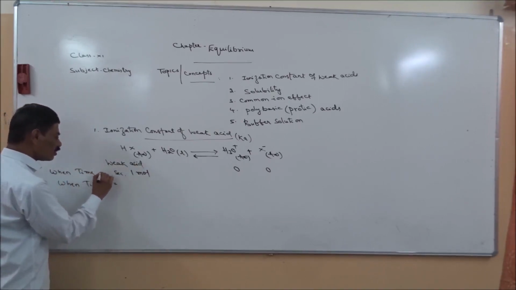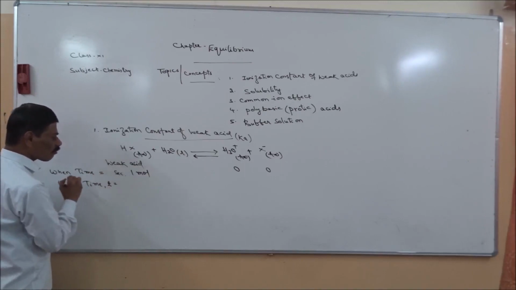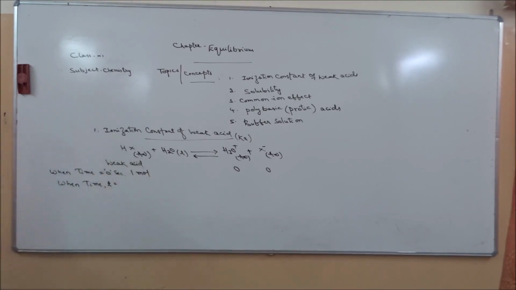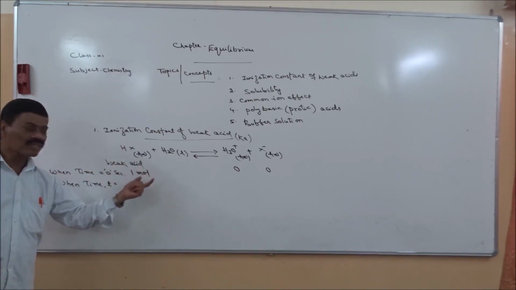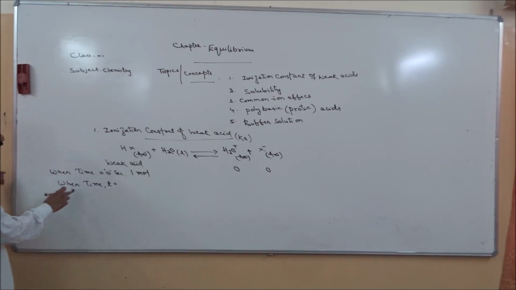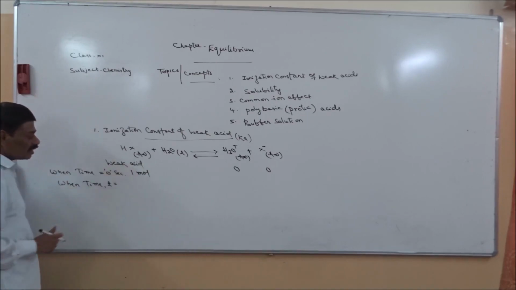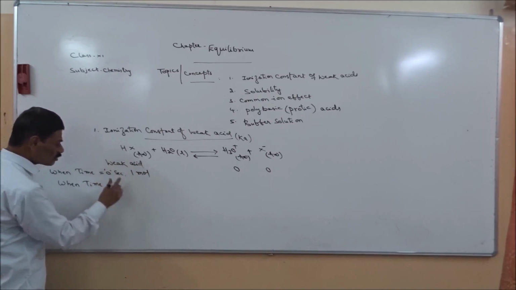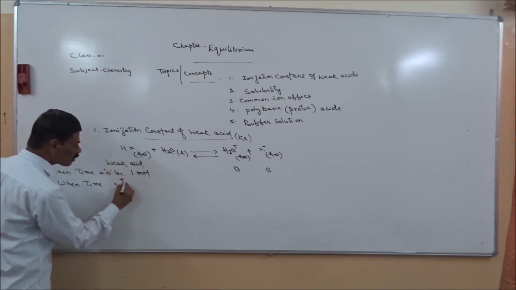Time is equal to 0 seconds: 1 mole of HX, weak acid, will be there in that quantity. And when time is equal to t seconds, let me write that.